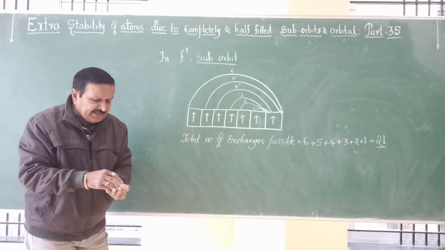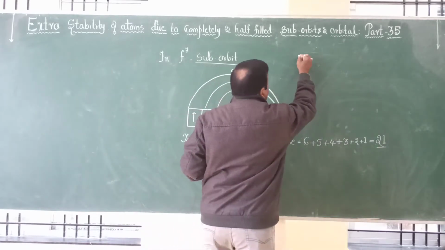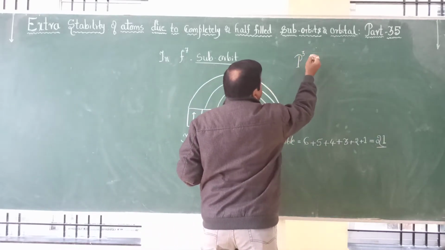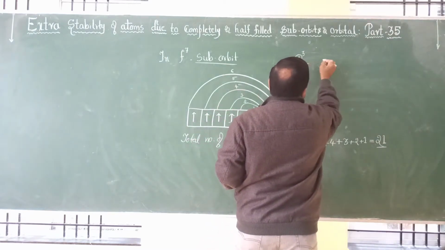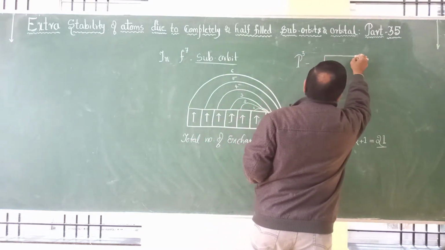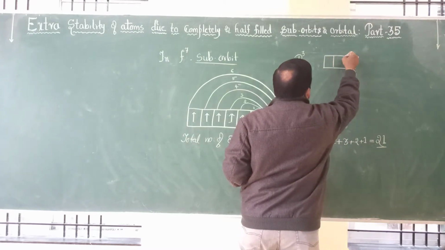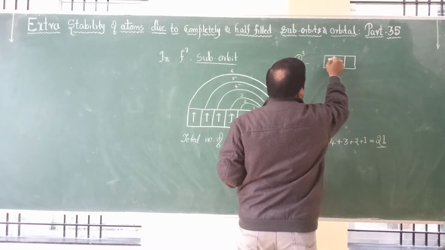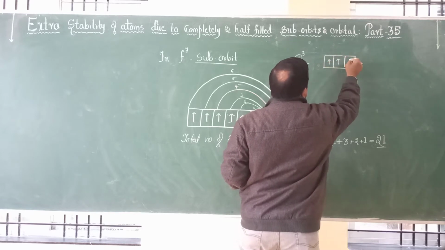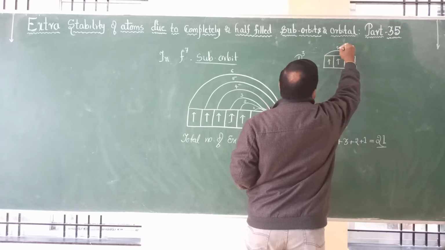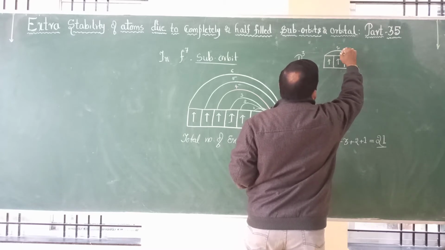Only one more is left, that is p. In case of p3, the p6 total capacity, there are only 3 electrons in Px, Py, Pz. So the first electron can have how many exchanges? Only 2, and the next can have 1.